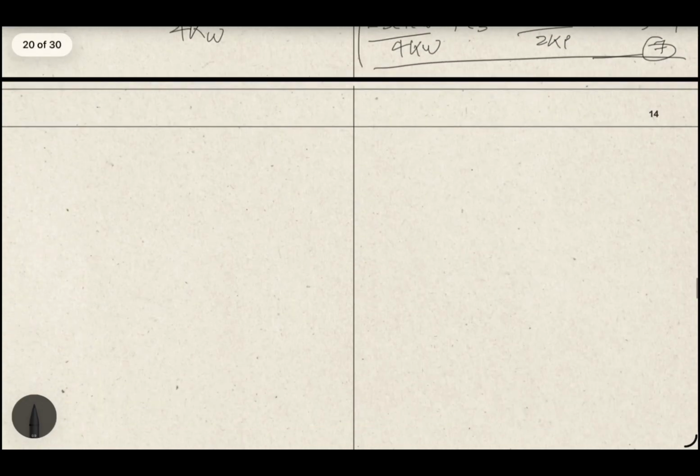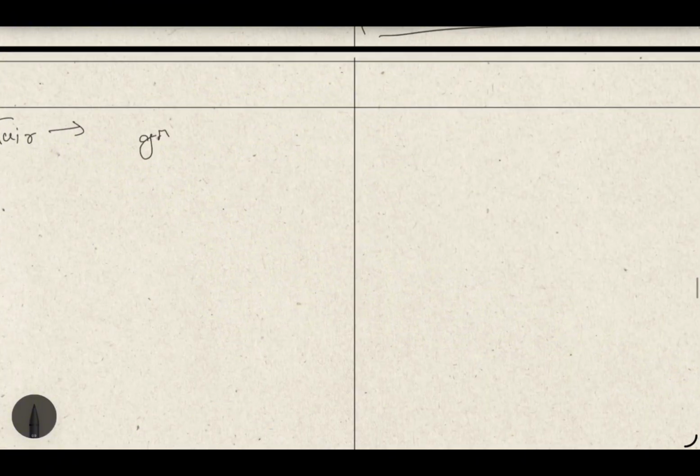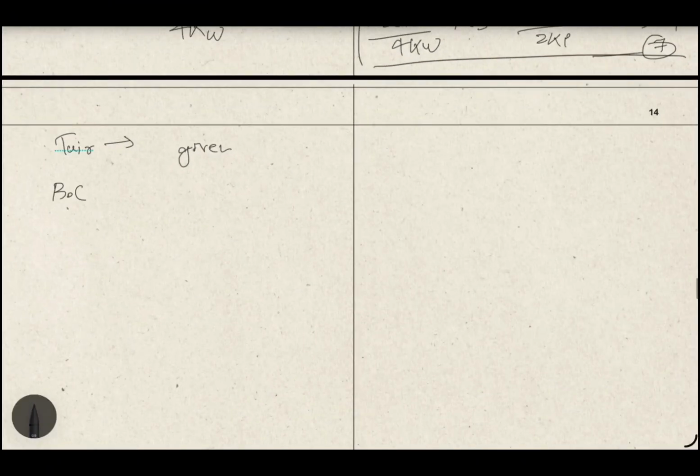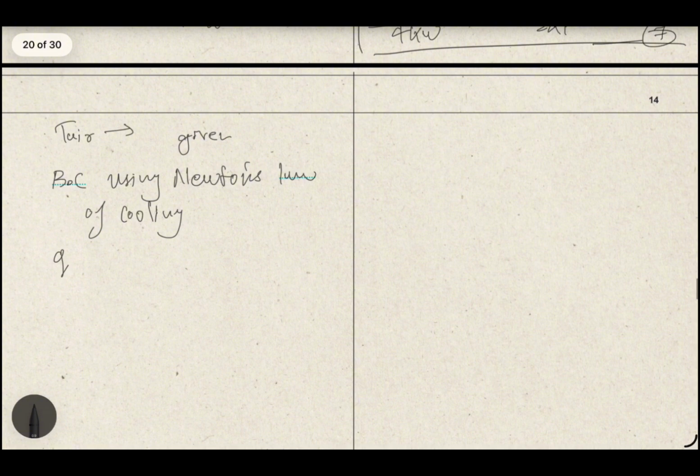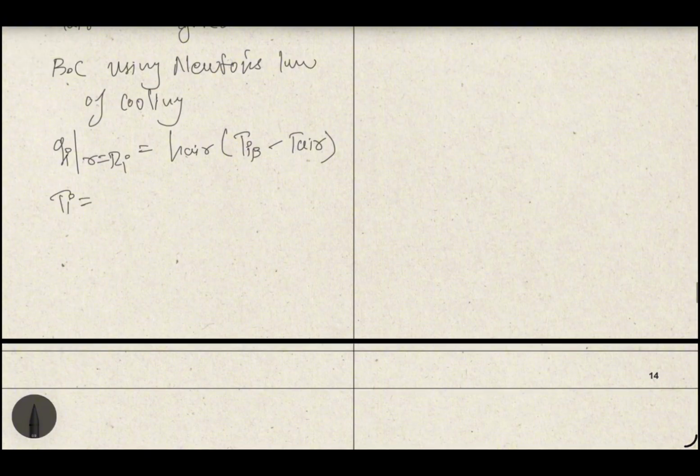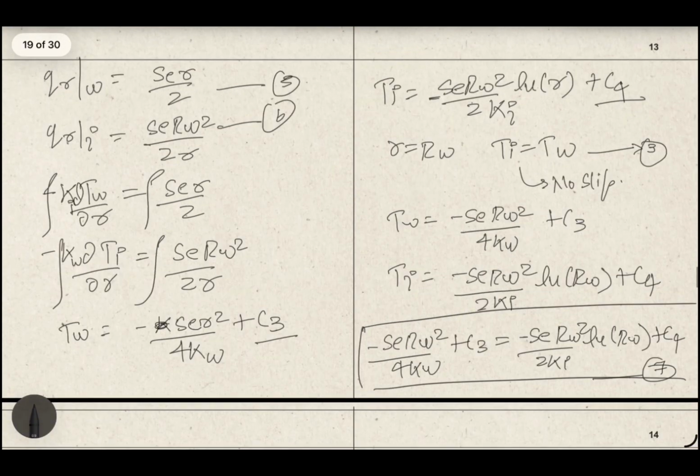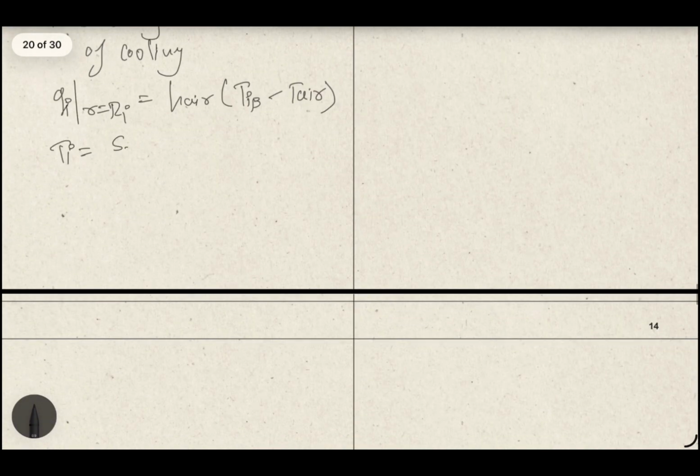Now we will use another condition, that T of air is given. So we need to assume a boundary condition using Newton's law of cooling, that q_I at R equal to R_I is equal to h_air times (T_IB minus T_air). So at T_IB the value is S_E R_W^2/(2R_I h_air) plus T_air.